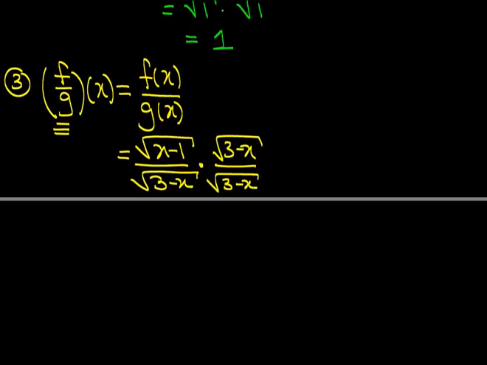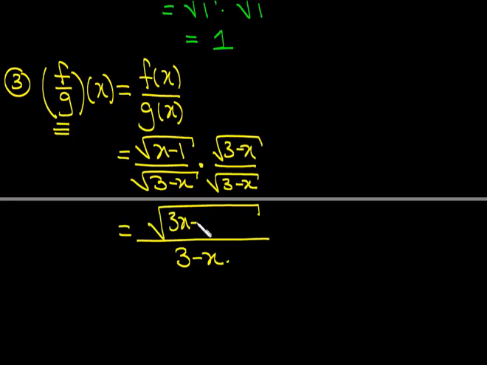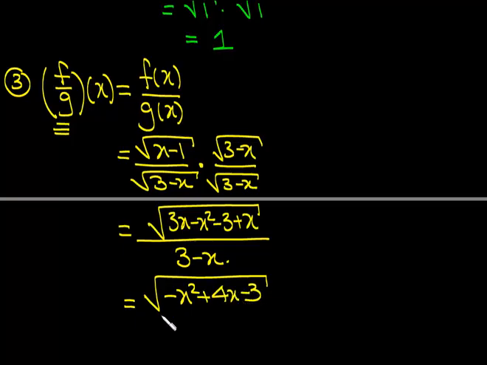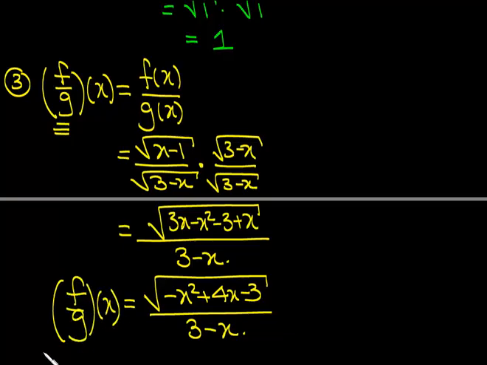So in this case, on the bottom we just get 3 minus x, and on the top we can multiply this out on the inside. We get x times this is 3x minus x squared. Then you get minus 3 plus x, and then we can clean that up a little bit. So we get minus x squared plus 4x minus 3 divided by this. Okay, so there would be a new function f divided by g of x.